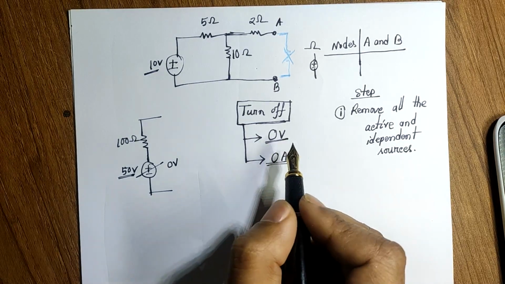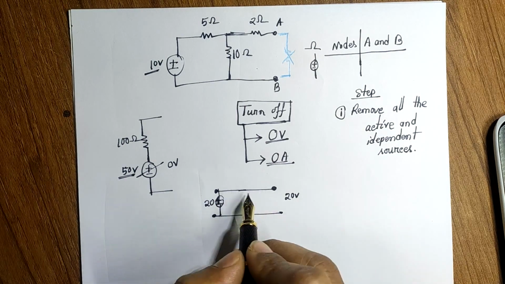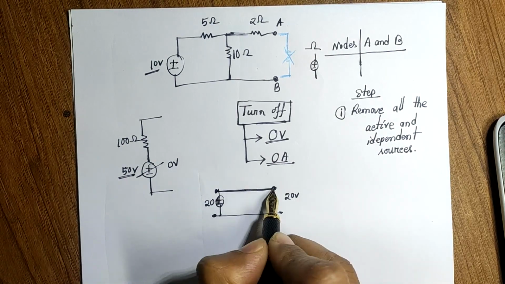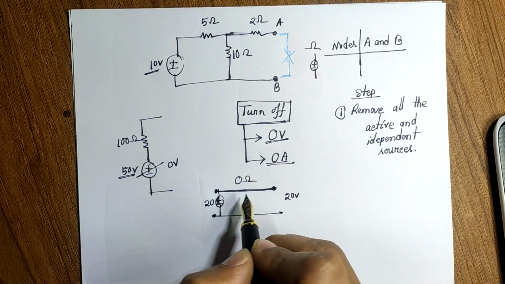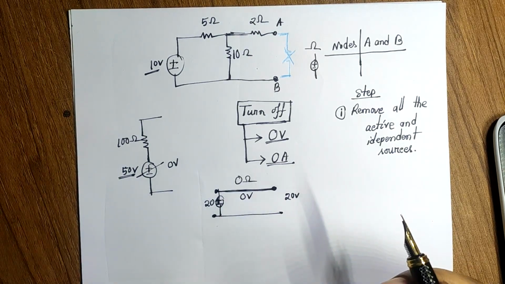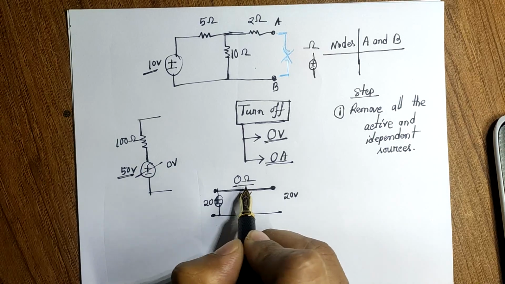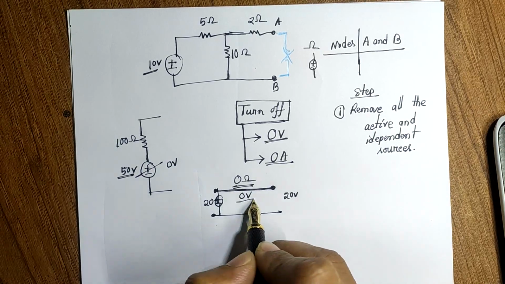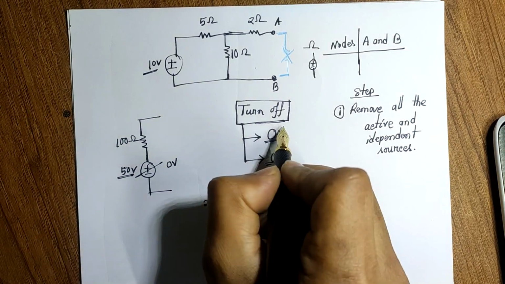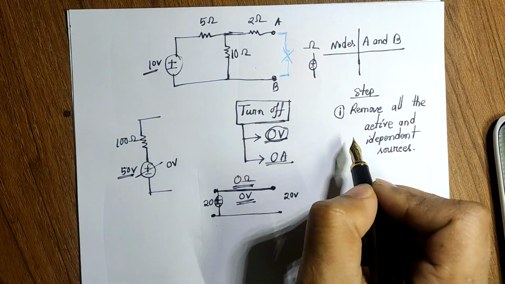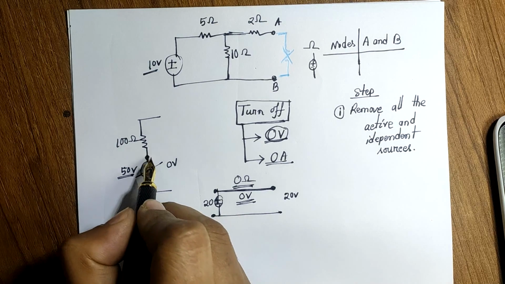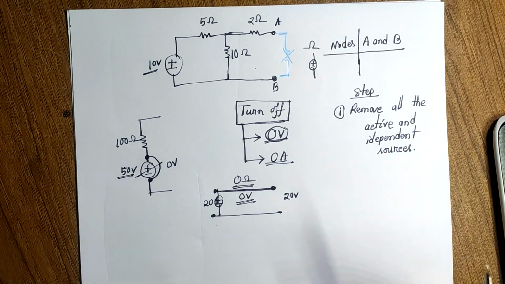Now we have a very easy way to do that. Ideally, a conductor has 0 resistance, and that's why it has a 0 voltage drop. See, 0 resistance means 0 voltage drop. So to obtain a 0 volt drop, what we need to do is short the two terminals of the voltage source.